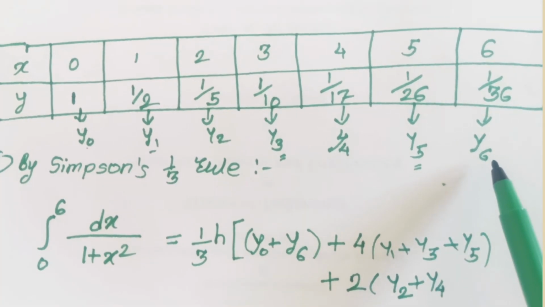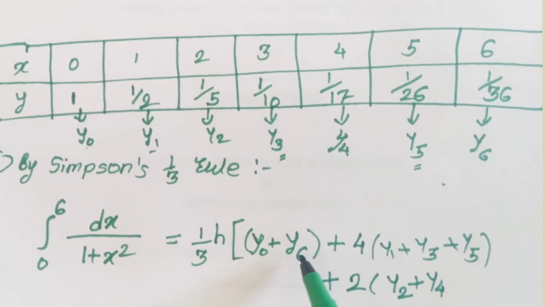The next term y6 is also even, but we have already taken it in the first bracket, so here we are not taking it in this bracket. Why we are not taking it, we have already discussed in the lecture of Simpson's one-third rule.